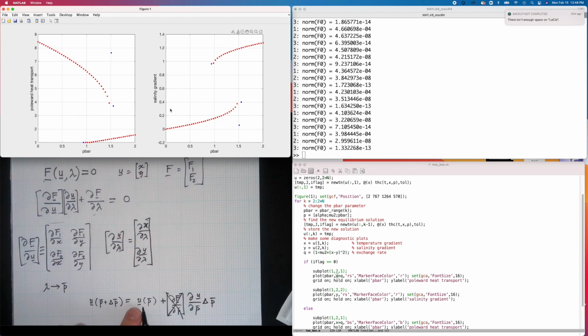So if we have this solution and we can compute this du dp bar, at the previous value of p bar, and multiply by the delta p bar, we get an estimate.